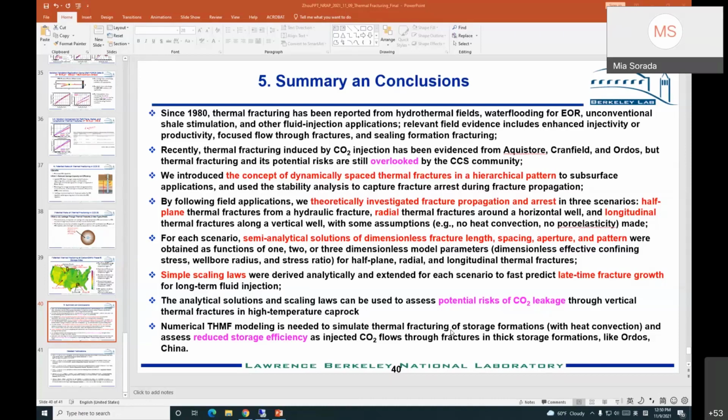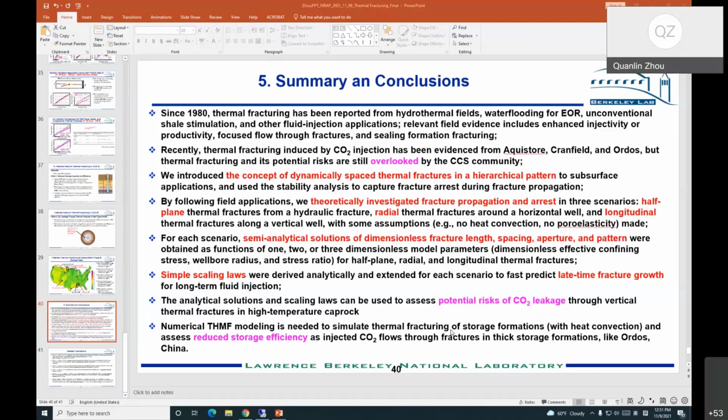For water flooding, for EOR, the thermal fracturing is good for some aspects. And I know one case where thermal fracturing occurred in the sealing units, and that is bad.